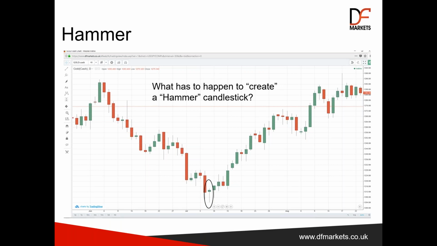So, why is a candlestick that is shaped like this, with this small real body and this long lower shadow, a reversal? What's the reasoning behind that, if you like?